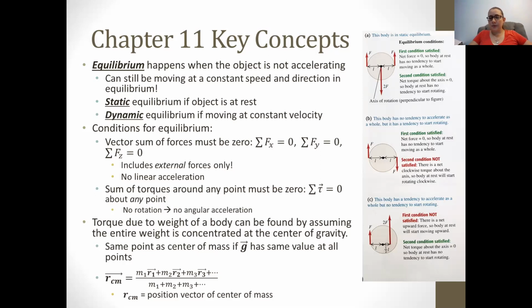In this third example, we do have a torque pulling up like this. We have another torque pulling up like this. However, this 2F torque would try to cause it to rotate counterclockwise, whereas this F force would cause it to rotate clockwise. They do balance each other out, right? Because the distance where this force is applied is half the distance of this other one.